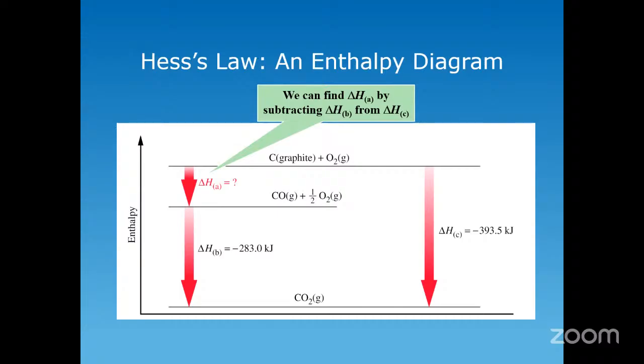If you do that calculation, the answer is minus 110.5 kilojoules. That's how we can exploit Hess's law to determine the enthalpy change of a particular reaction if we know the data for other reactions related to it.